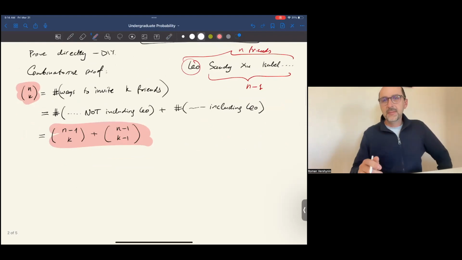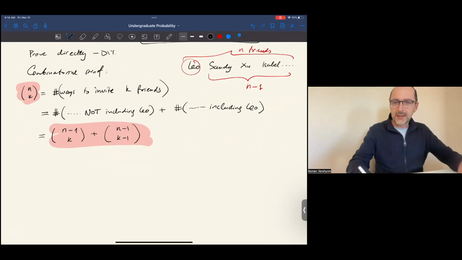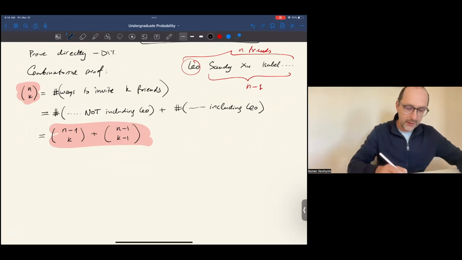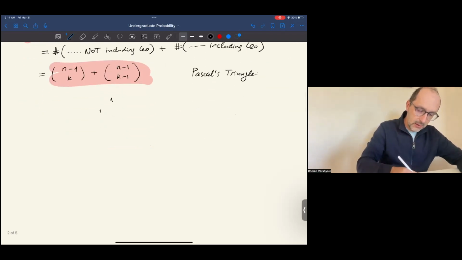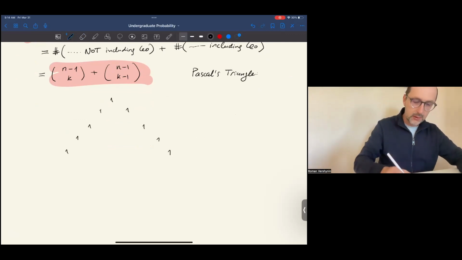Pascal's identity can be organized visually in the following way, known as Pascal's triangle. Pascal's triangle looks like this. First, let me put ones this way, and then I'll fill the body of this triangle by summing.